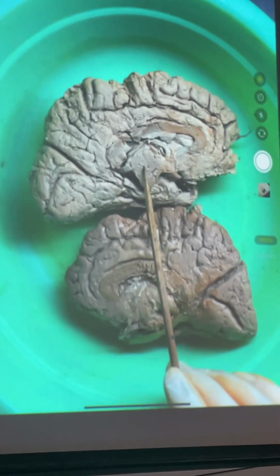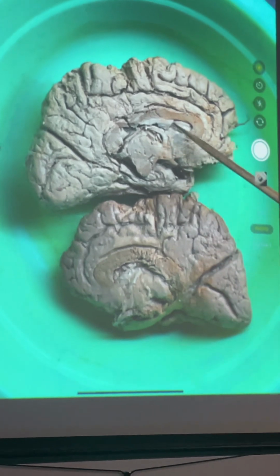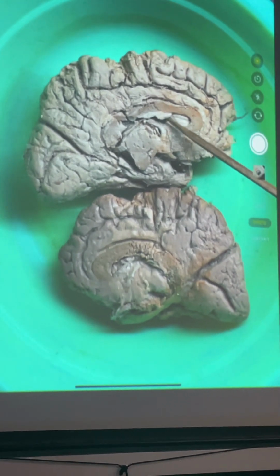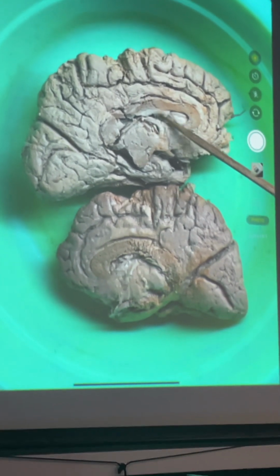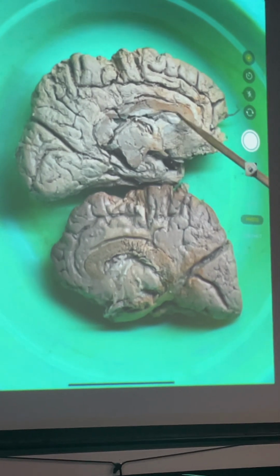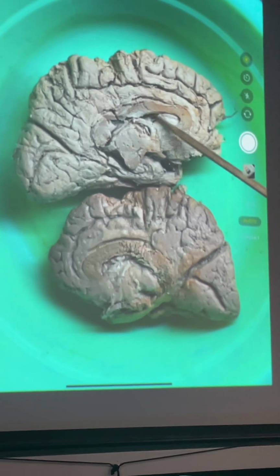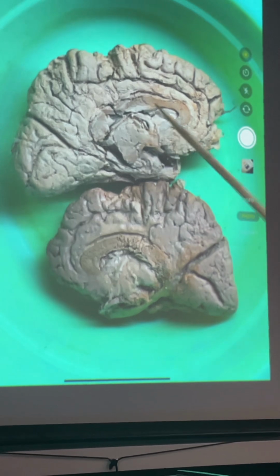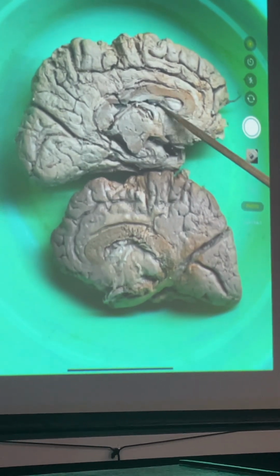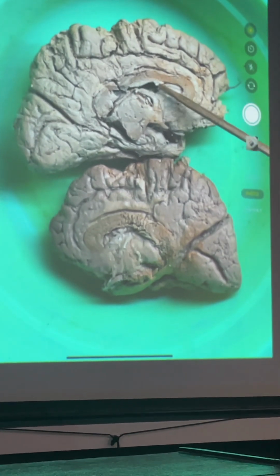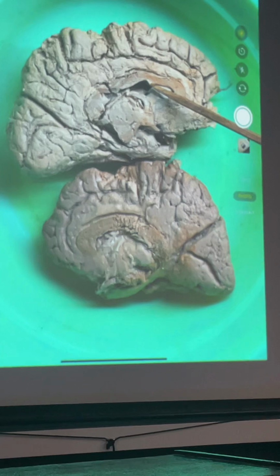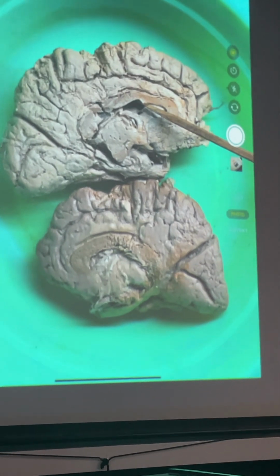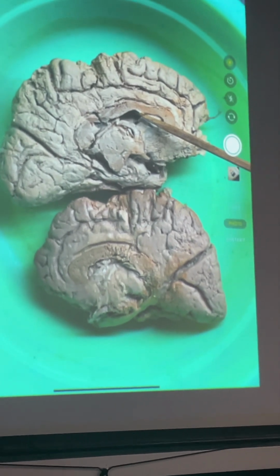And if you can see this thin structure over here, do you see this? That is known as your septum pellucidum. And if you open that, you have the space inside of it, and that space is known as the lateral ventricle.